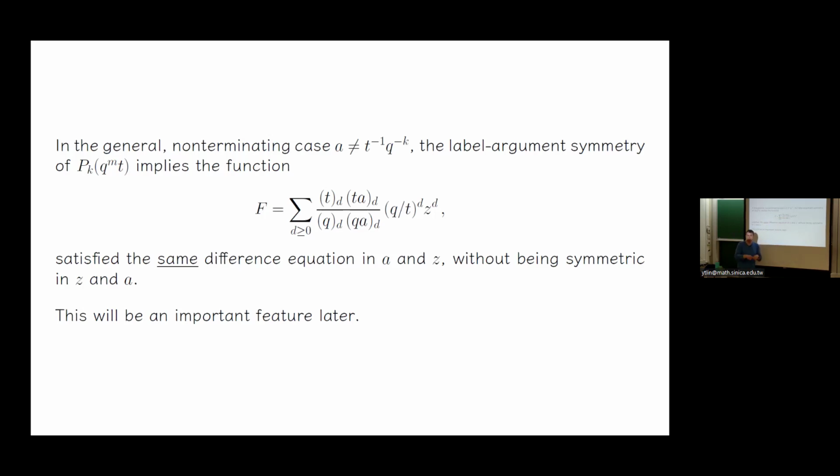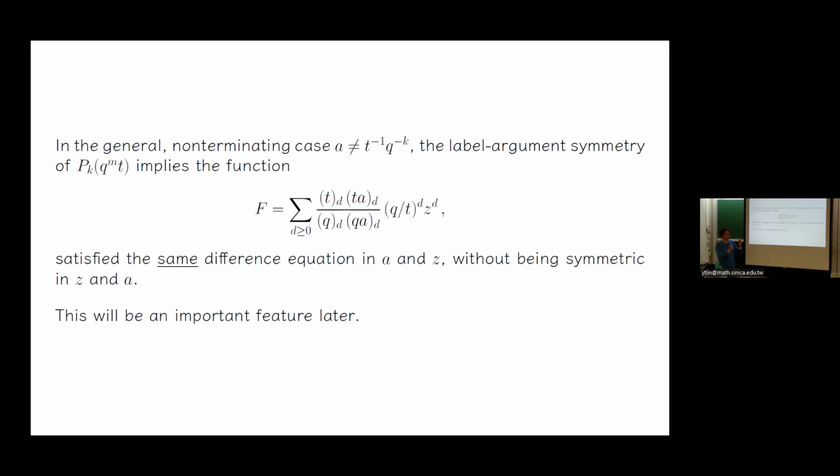So if I have a q-difference equation with rational coefficients, then of course, in the terminating case, the equality certainly holds on a Zariski dense set of points. If I have some symmetry that holds on a Zariski dense set of points, then it holds for the difference equation. So while this function is not symmetric, the difference equations that it satisfies in z and a are the same difference equations, up to whatever normalization is required.